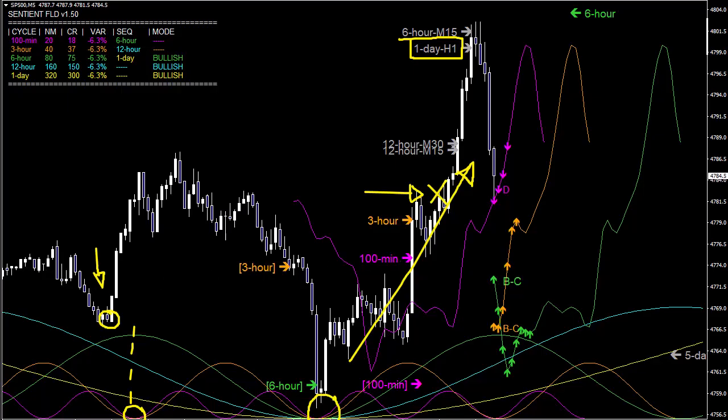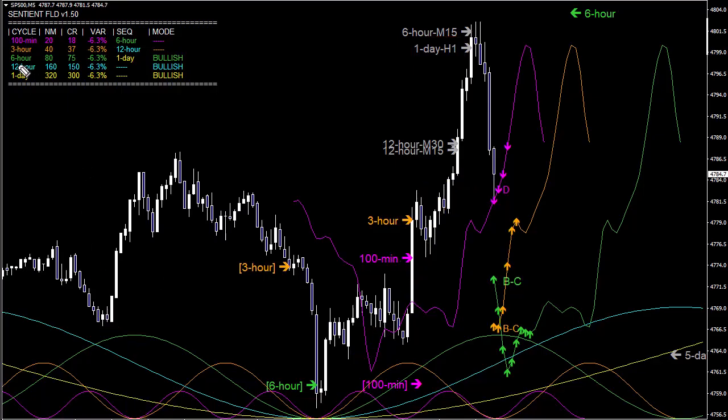We can extend the same logic to shorter and shorter cycles. So the same logic applies to the 6-hour cycle. When the 6-hour cycle trough is confirmed, that would also, because of the principles of harmonicity and synchronicity, confirm that a trough of the one-day cycle has occurred.